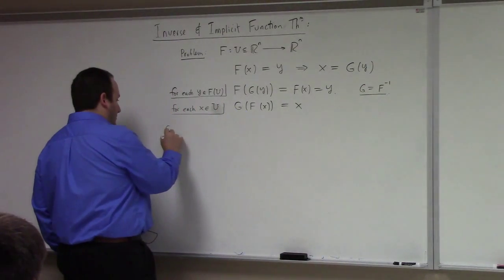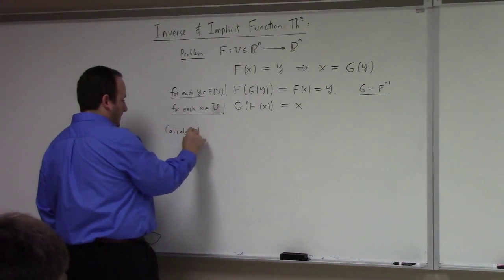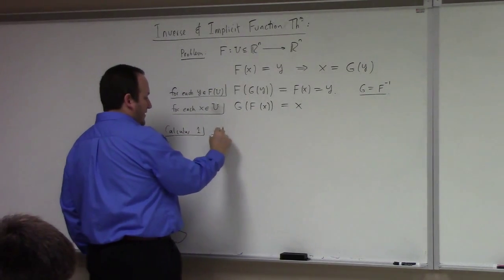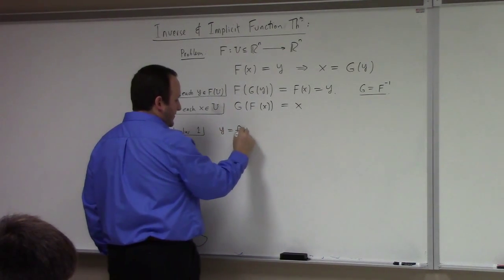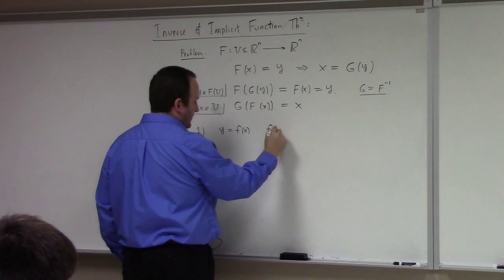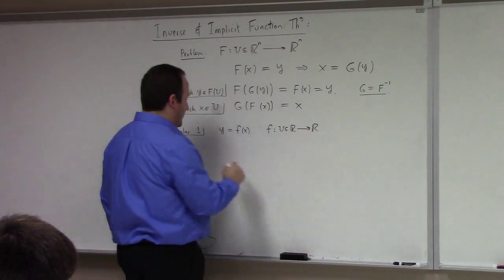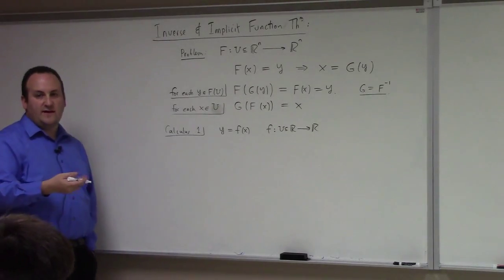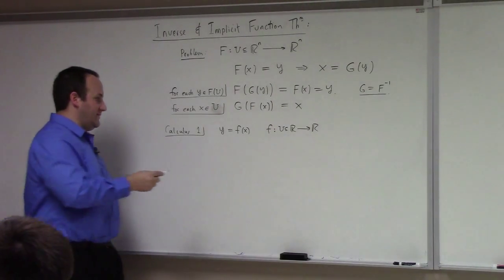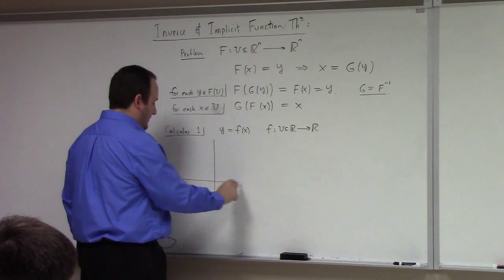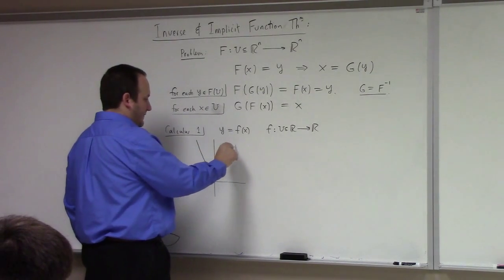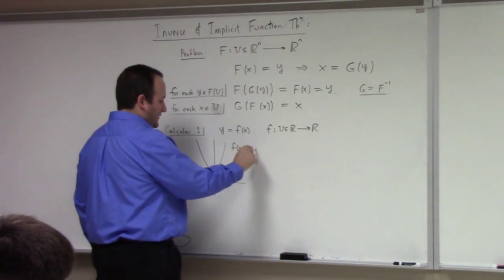That's one problem. So you've got y equals f of x. Here I honestly do mean f a function, from some set of the reals to the reals, right? When can you find an inverse? Well, we know that you can't find an inverse even for simple things like f of x equals x squared plus 1, right?